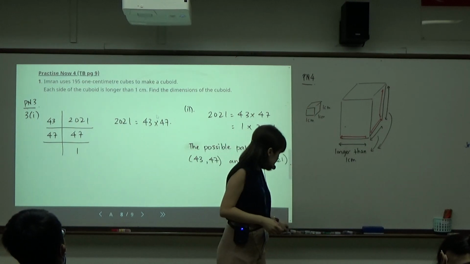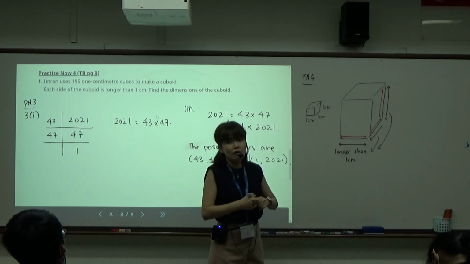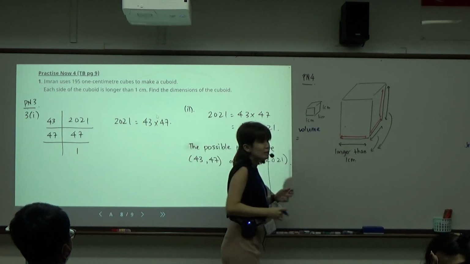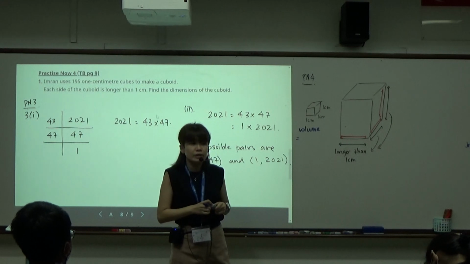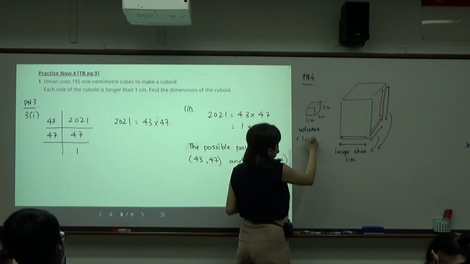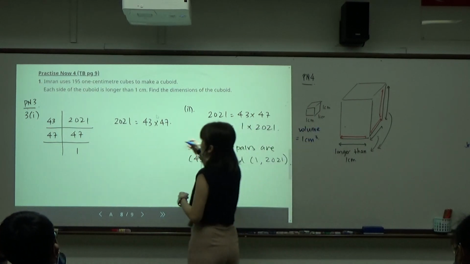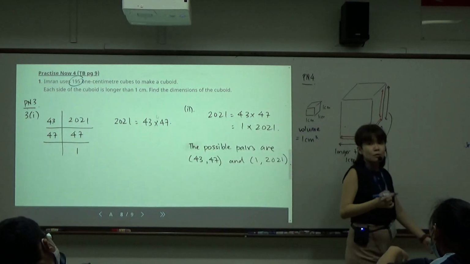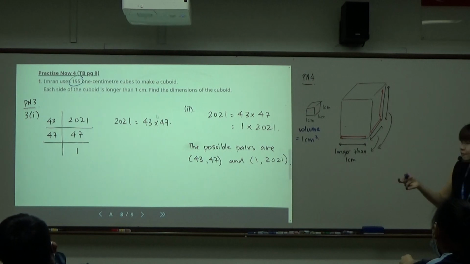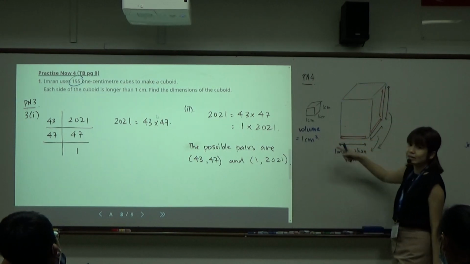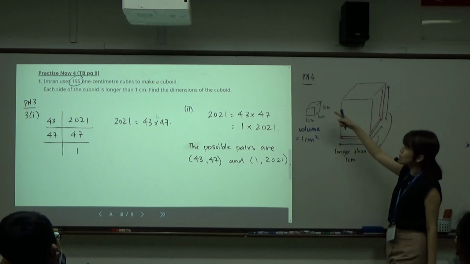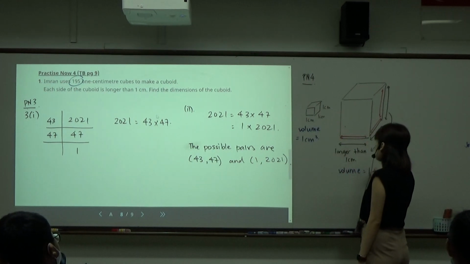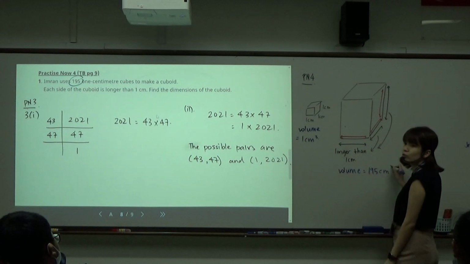I want to ask you, the volume of 1 cube, what would this volume be? 1 cm cubed, right? And if I now have 195 of it, what is the total volume? 195, right? So that means that my entire cuboid, since it is made up of the small cubes, must have a volume of 195 cm cubed.